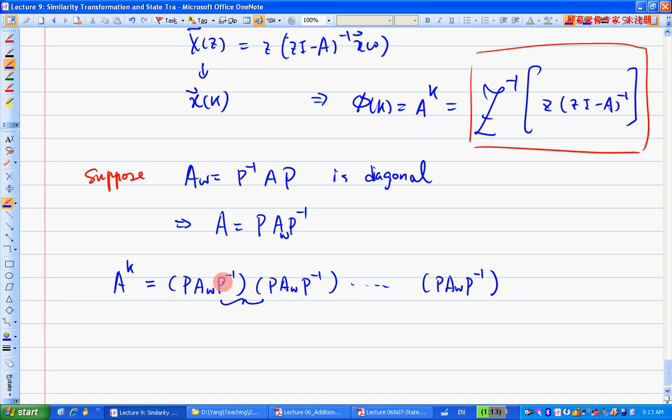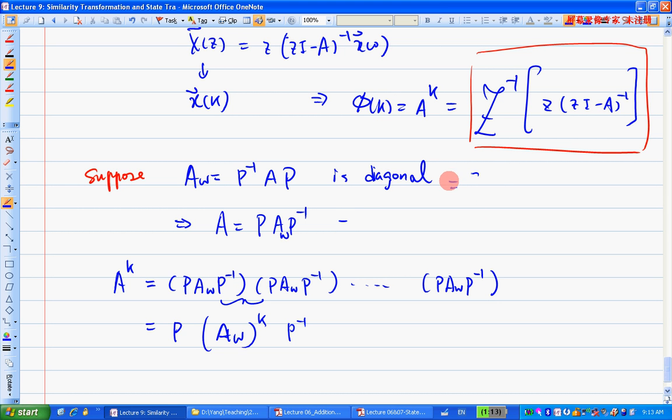So the two adjacent P inverse P always cancel each other. That means I have only this P and the other P inverse left. In the middle, it's the AW to the power of k, right? And what is AW?